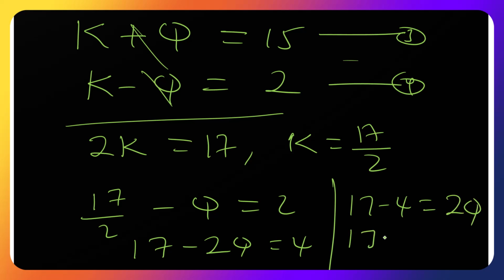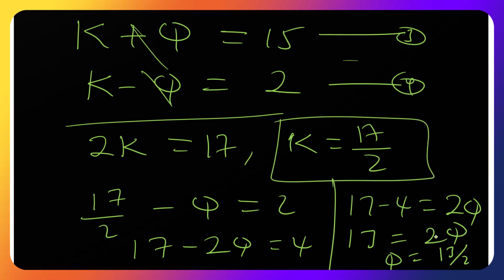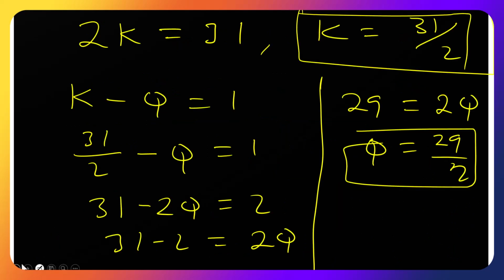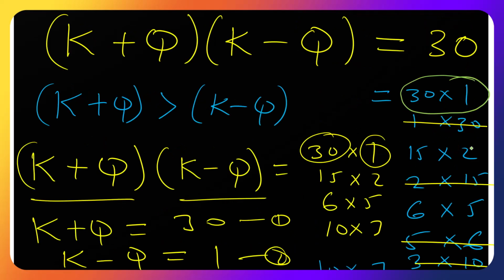So we have 13 equals 2q. So q will be 13 on 2. So 17 on 2, 13 on 2. That is 15 and 2. So we are done with that.